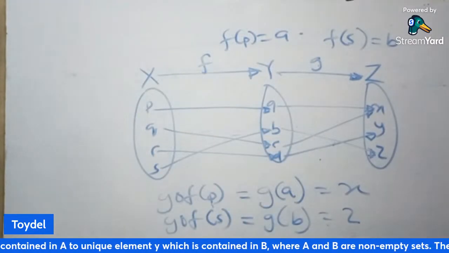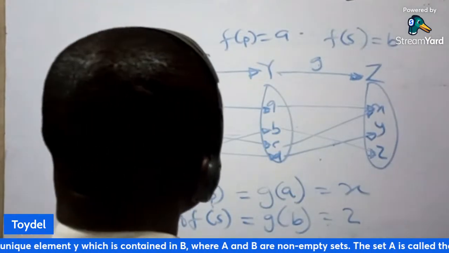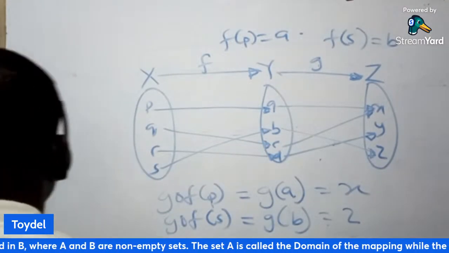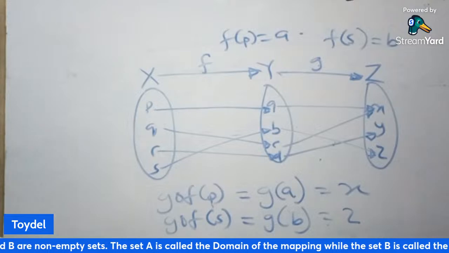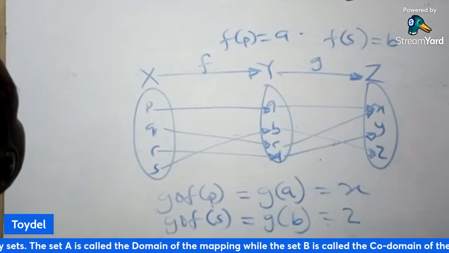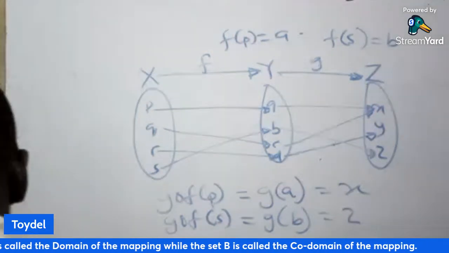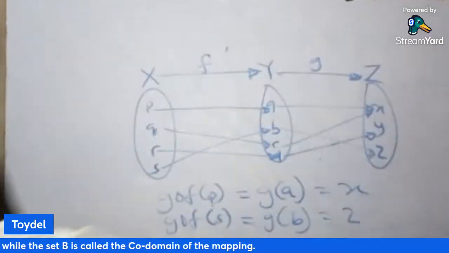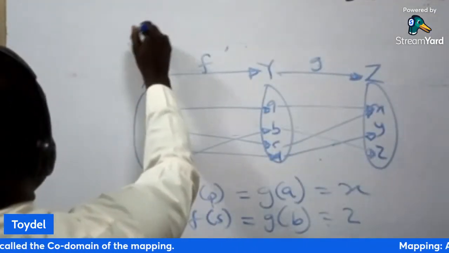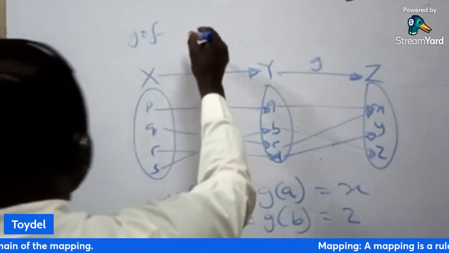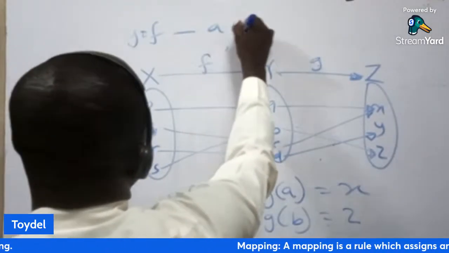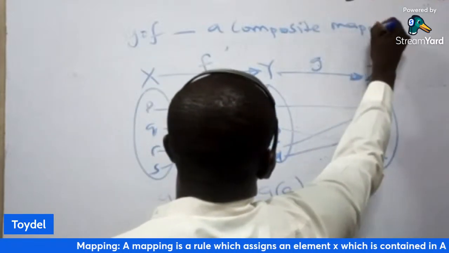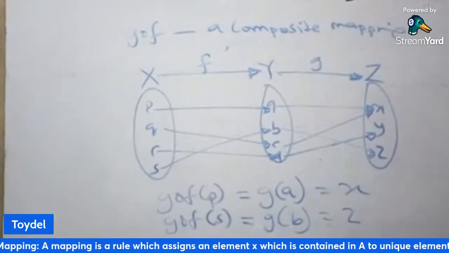This is how to combine two relations or two mappings together. The first one, we allow to act first, then we go ahead and use the second one. So this mapping G of F is called a composite mapping.